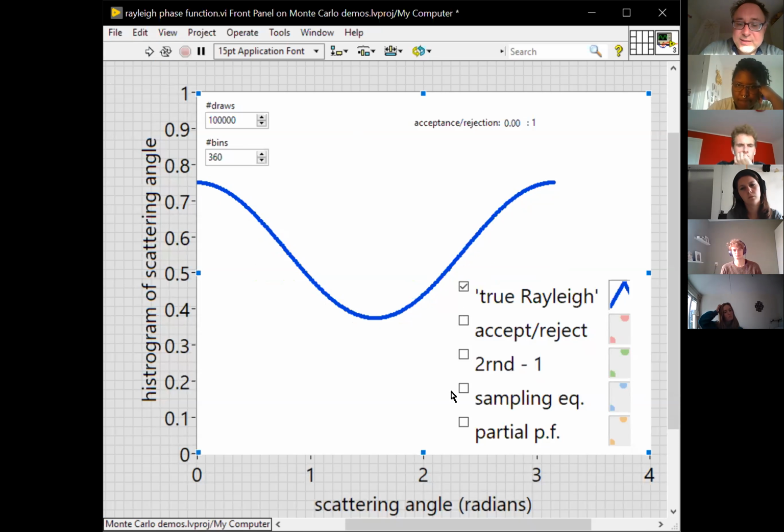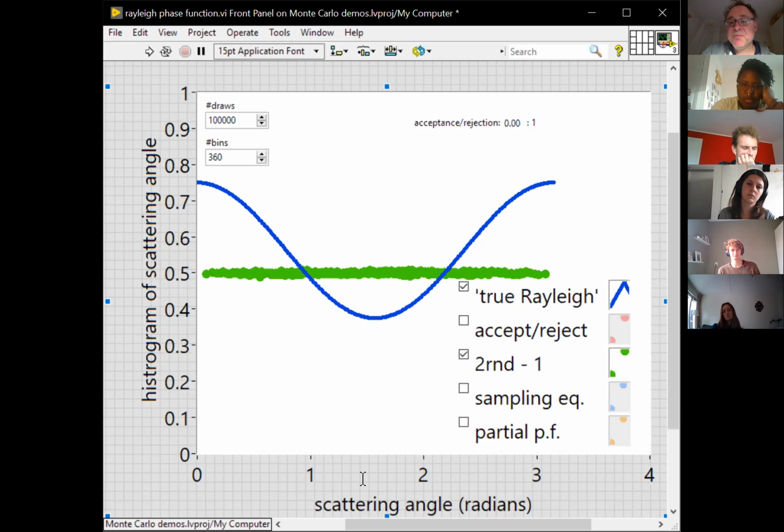On the horizontal axis we have the scattering angle in radians, and on the vertical axis is the ground truth. So the idea is now to draw uniform random numbers, in this case 100,000 times, and then calculate the histogram, and that should equal this input true phase function.